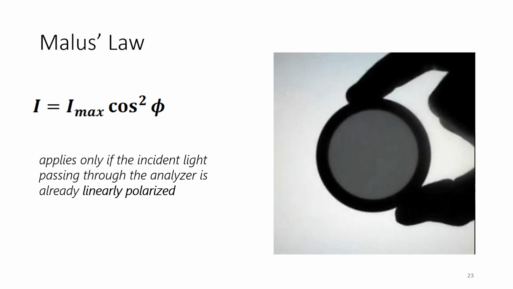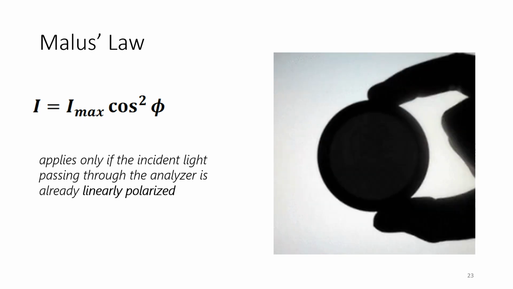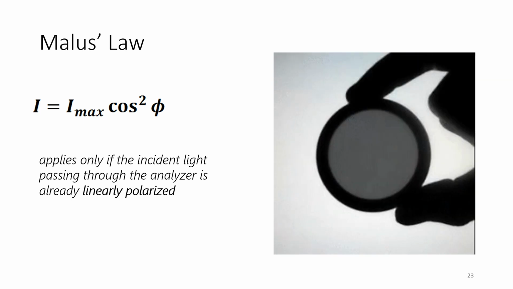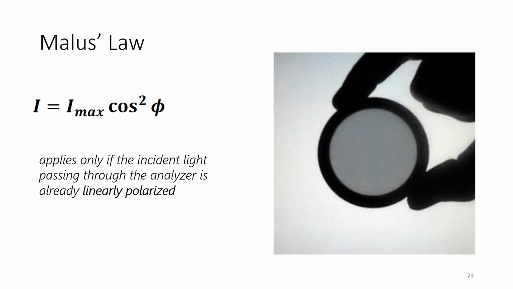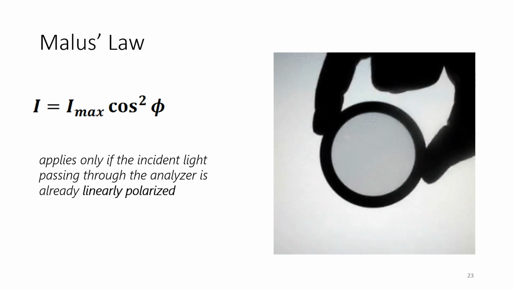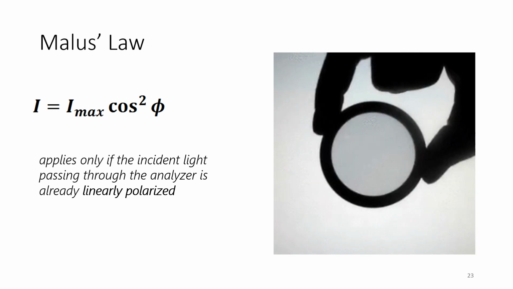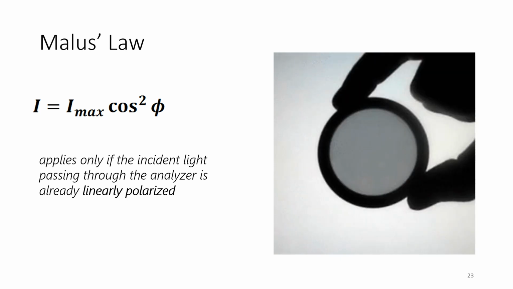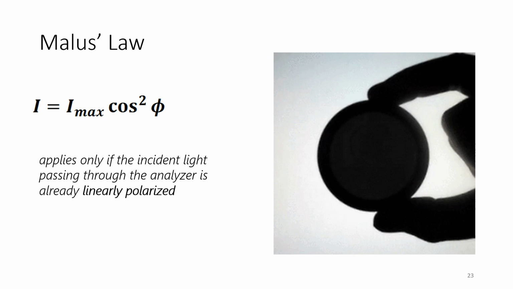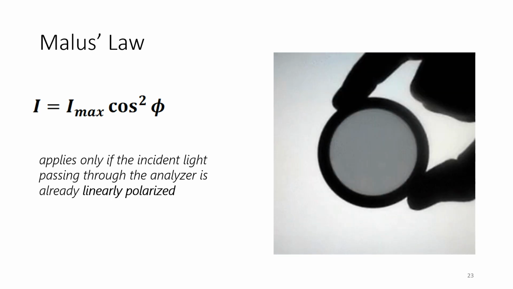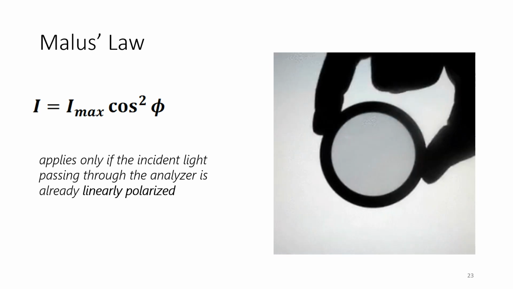But even at its maximum value, the light will be slightly darker than the background light. So by rotating the analyzer, we see that the angular dependence of the light intensity is in action, with the light becoming completely dark at some angles. At that angle, phi is equal to 90 degrees, meaning the polarization axes are perpendicular.